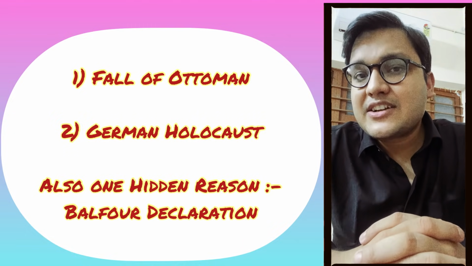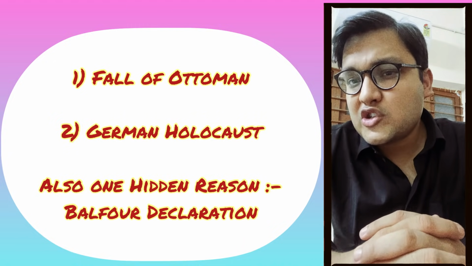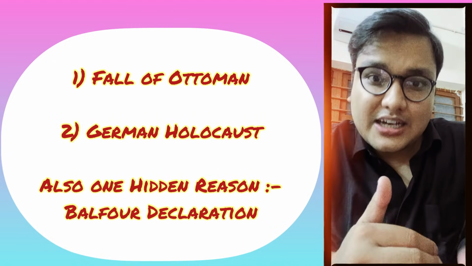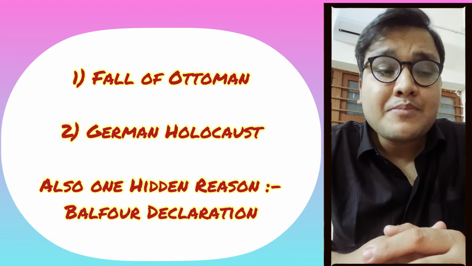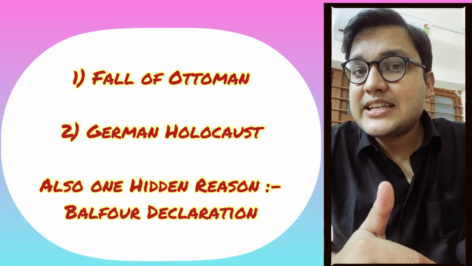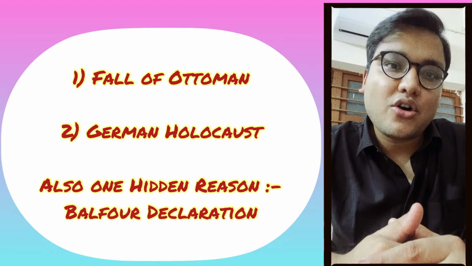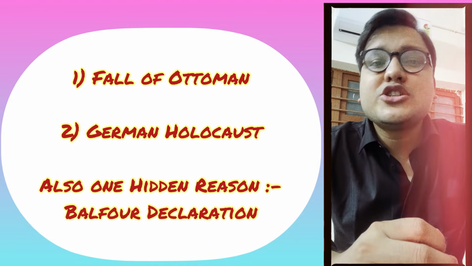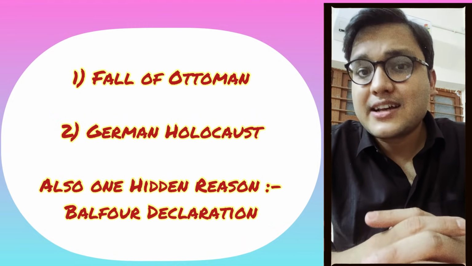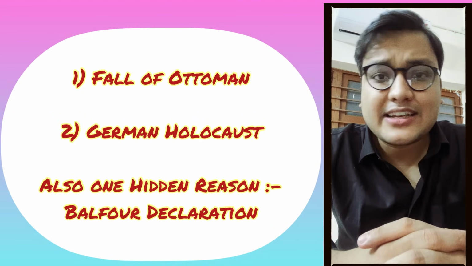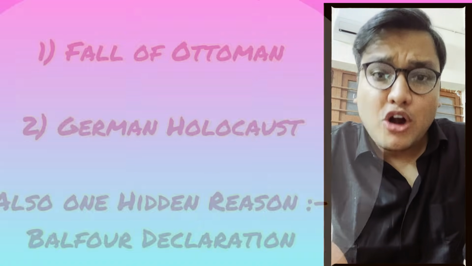The second reason was Germany, in which the Jewish community was living in majority. In Germany, the Holocaust started, the killing of the Jewish people by Hitler. So they started running to save their lives as well. And what better place than their holy land? So they started coming to this region.